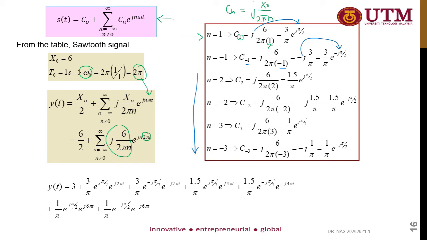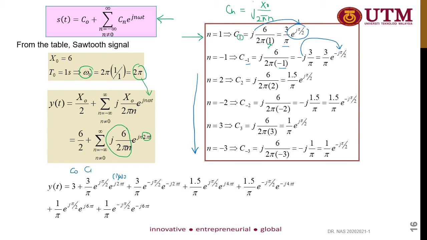Okay, lastly, you need to write down the complete exponential Fourier series for the sawtooth signal. So this is your C naught plus the Cn. Okay, when it is C1, the coefficient is 3 over pi, e^(j n omega naught t). So this is omega naught. So this is when n equal to 1. So this is part of the coefficients because of the j just now.